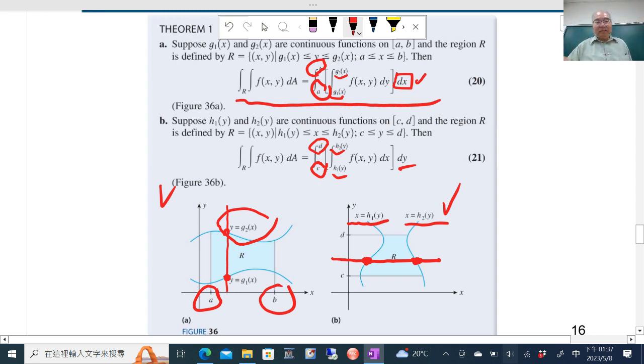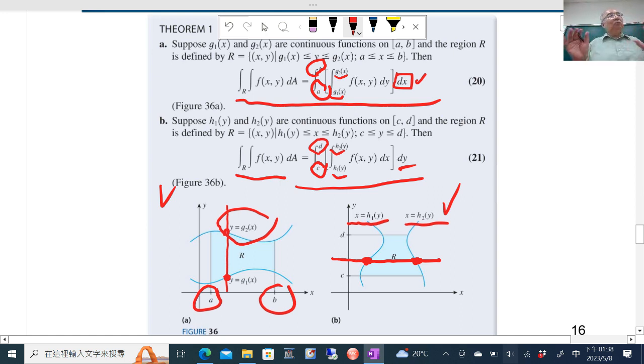Once the double integral can be rewritten as an iterative integral with a chosen order, either number 20, dy dx, or number 21, dx dy, as long as you make a choice, you only deal with one integration each time, and that becomes applicable.